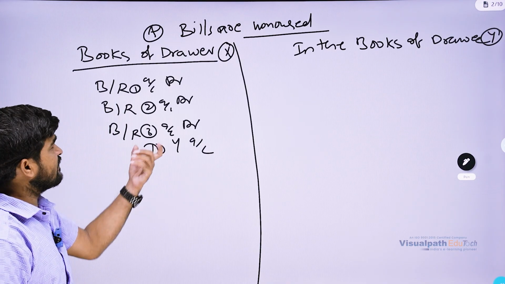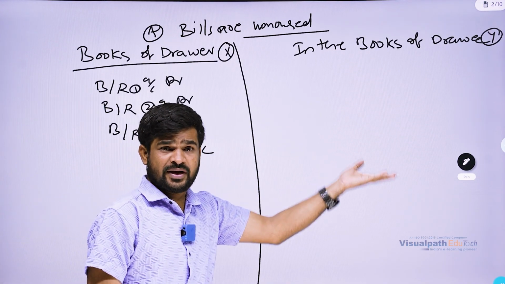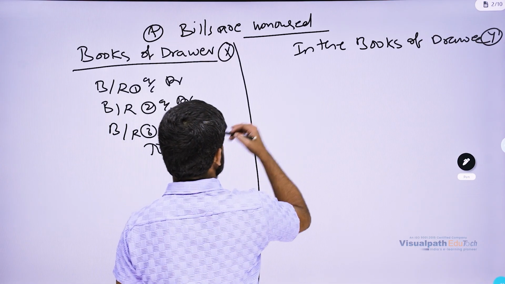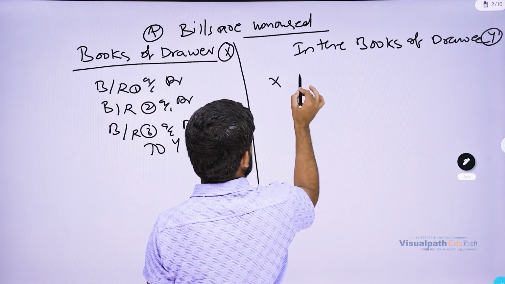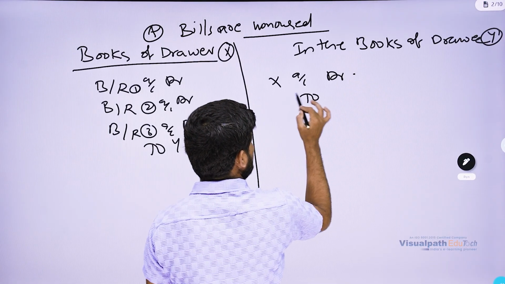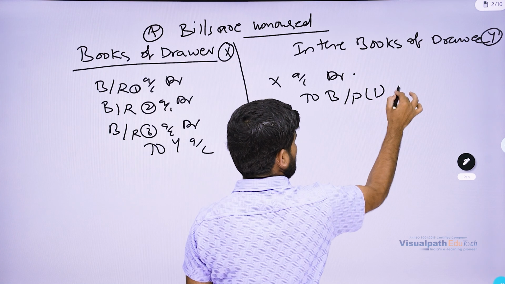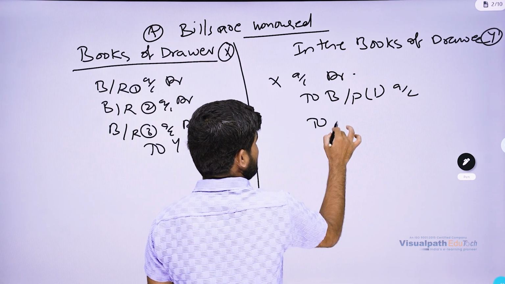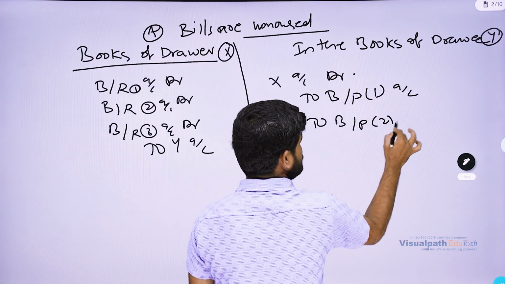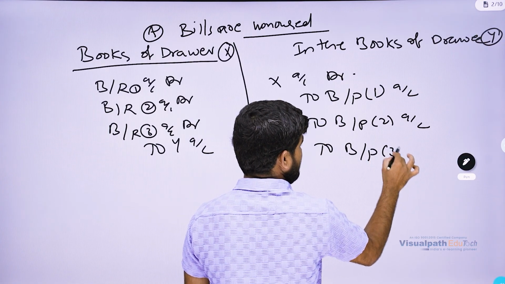This is the first entry when the bill is drawn. When the same bill is accepted by the drawee, in this situation the entry will simply be that X account will be debited, X account debit, to bills payable, because what is being accepted here is bills payable. So three bills: bills payable account 1, bills payable account 2, bills payable account 3.